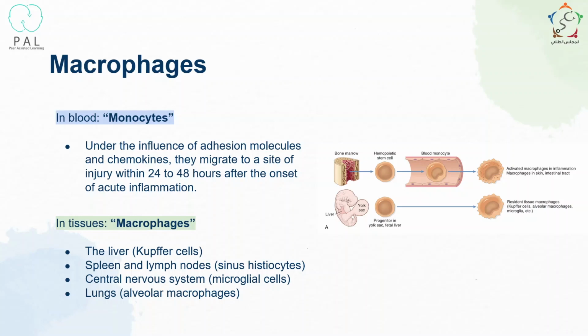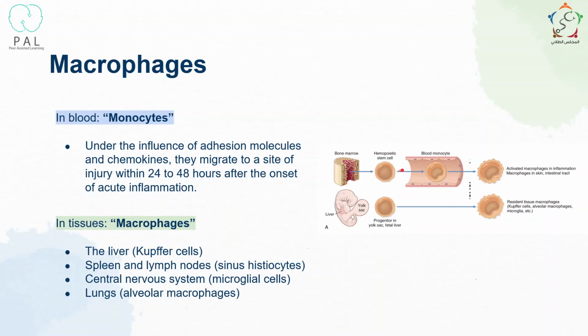This is their main purpose. So if we want to go over what happens exactly, monocytes under the influence of adhesion molecules and chemokines migrate to the site of injury within 24 to 48 hours from the onset of inflammation. So at this point, chronic inflammation has begun. And this picture is just to illustrate. Bone marrow is where the hematopoietic stem cells are formed.